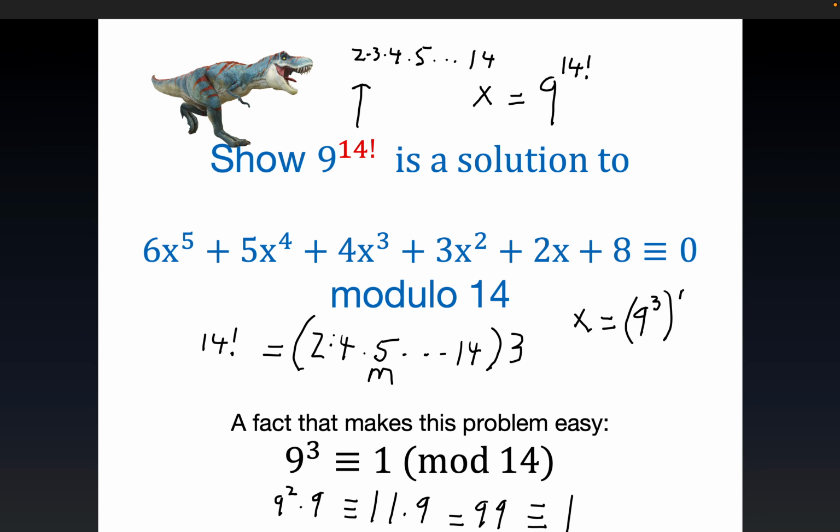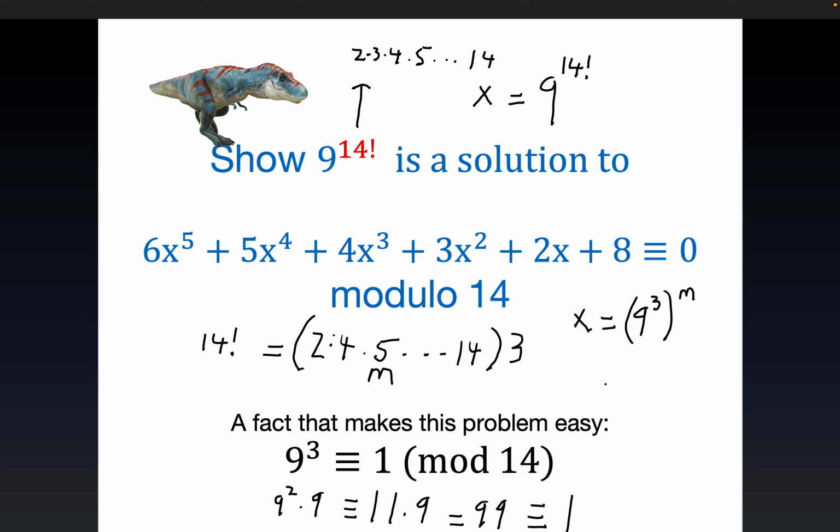If I was real precise about it, I would go ahead and write down all of this, 2 times 4 times 5 times 14, but that's a little cumbersome. Laws of exponents leads to another way of writing this solution.